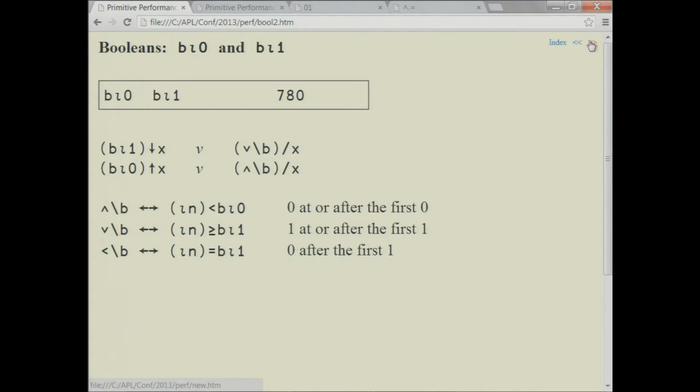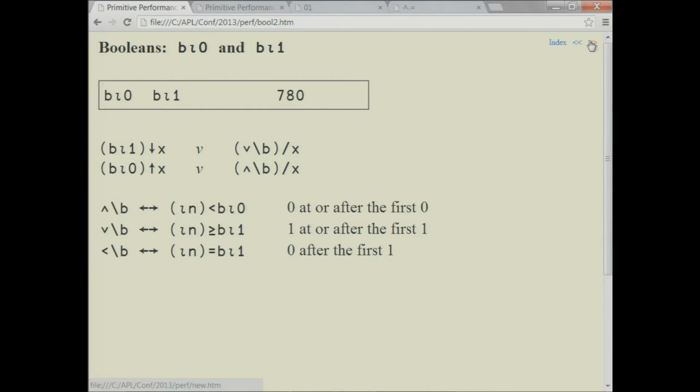Or scan b and b iota 1 contain the same information. But b iota 1 is just a single word, whereas or scan b takes the length of the vector to contain the same information.